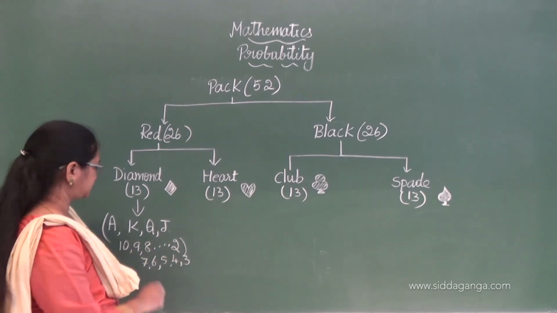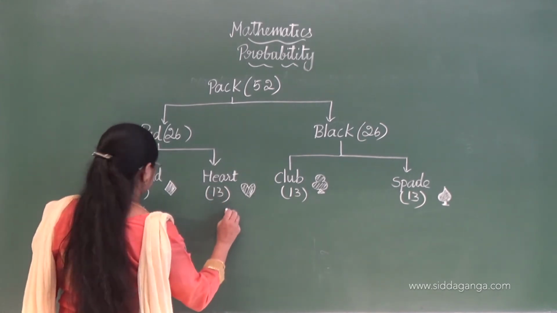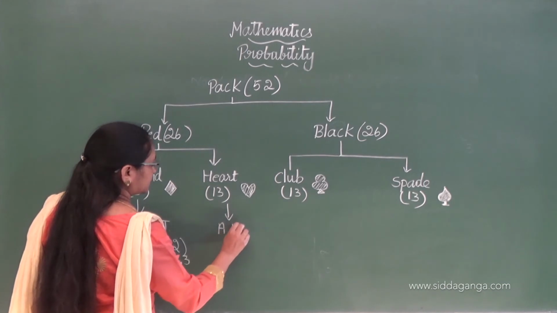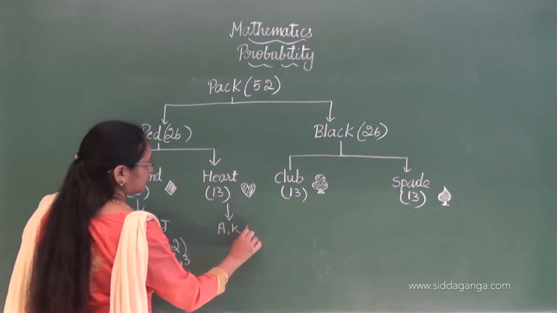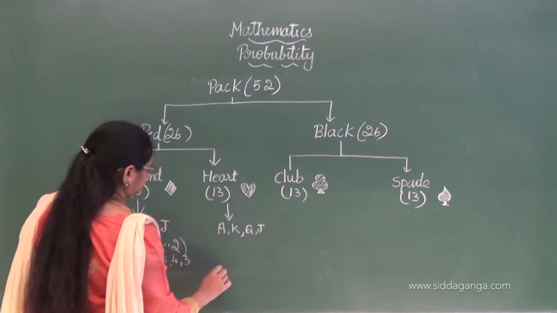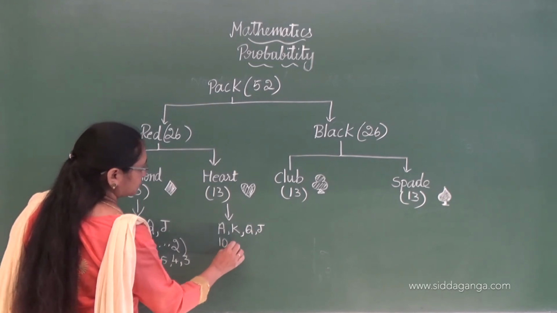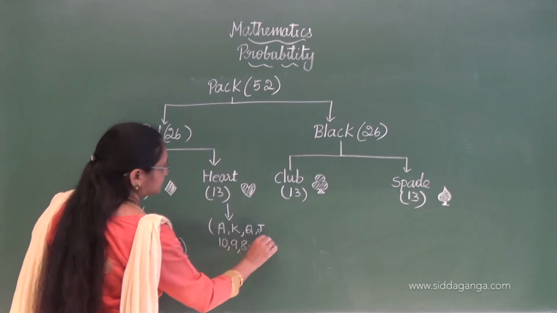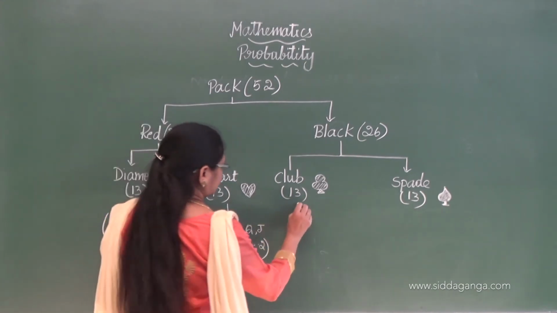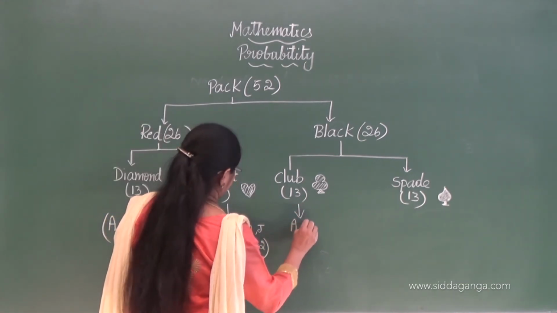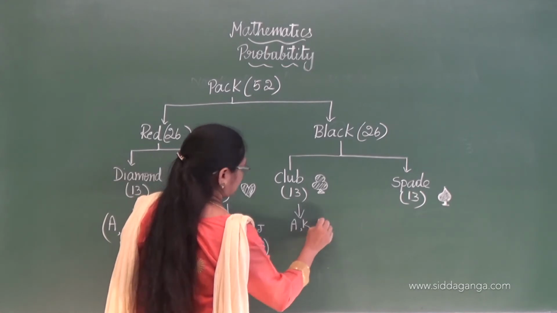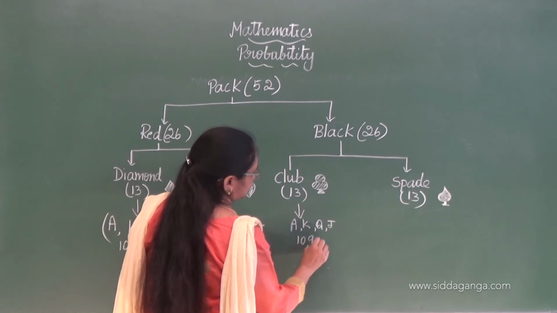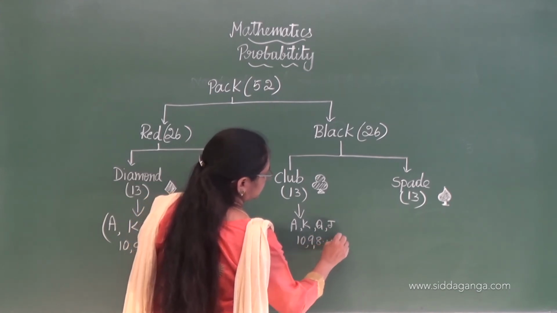I hope you understood this. Same thing here also: ace, king, queen and jack, and 10, 9, 8 up to 2. 13 cards. Again same here also.